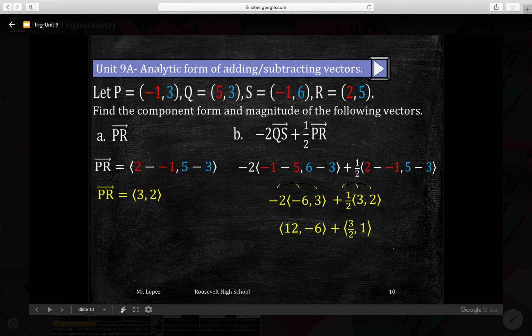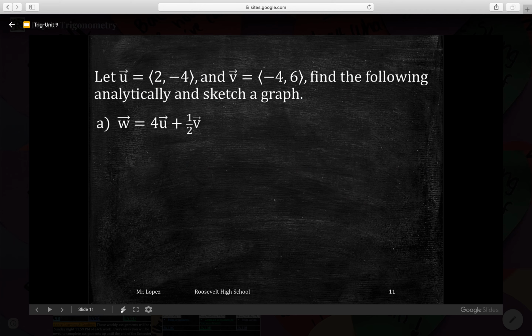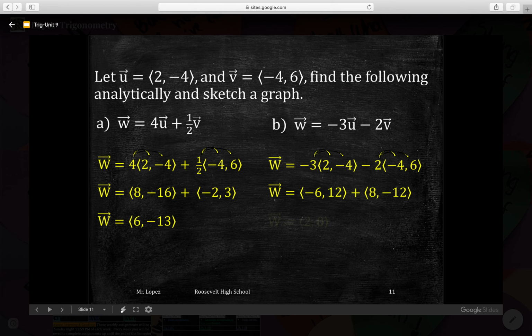Then add the x components and then the y components. That's 13 and a half, and then negative 5. Same thing with this. You can look at the website as we continue with this.